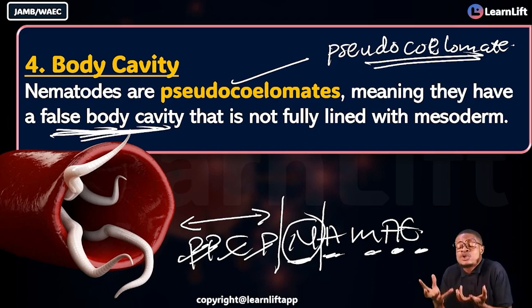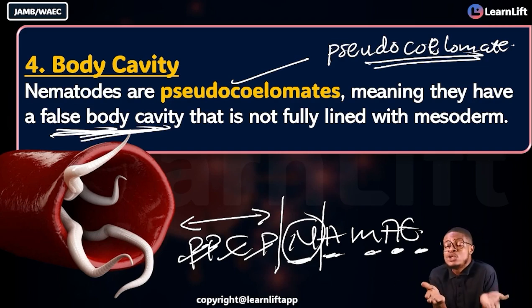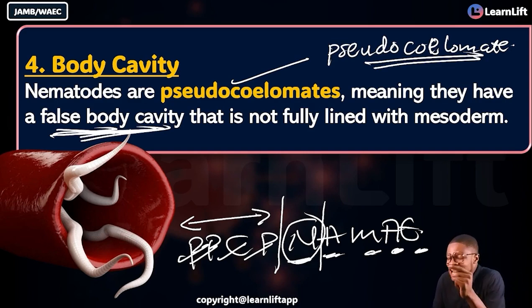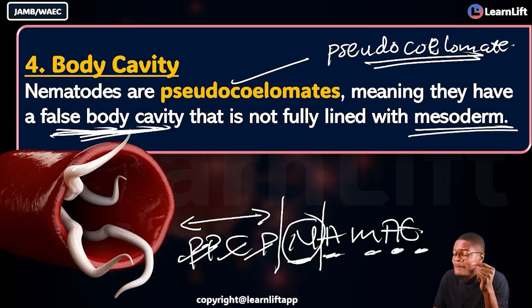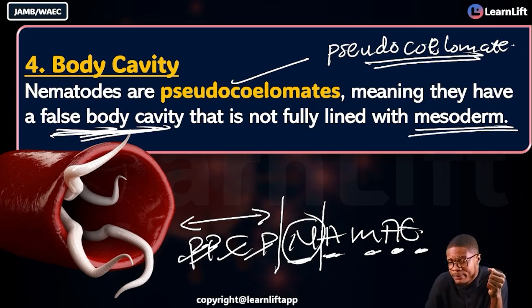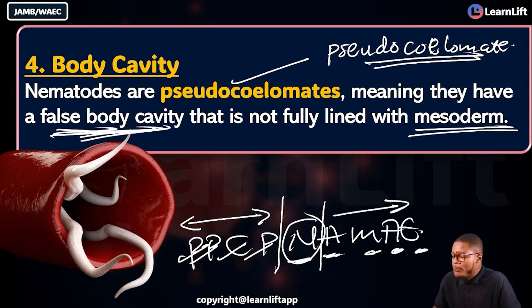So the presence of pseudocoelomic fluid in nematodes is what makes them have a false body cavity. That means they are not fully lined with what? Mesoderm. Hence, they have a false body cavity. Aside from nematodes, all others from annelids upwards have a true body cavity.